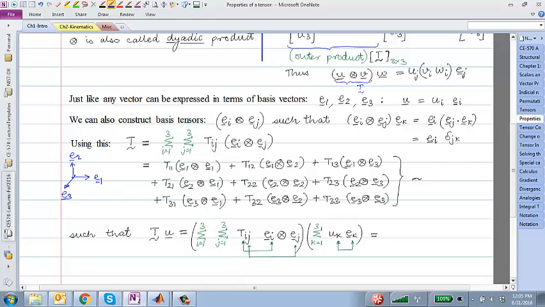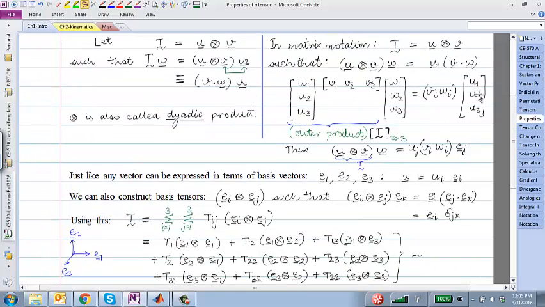For vectors in 3 dimensions, I had 3 basis vectors. For tensors in 3 dimensions, how many basis tensors would I have? Tensors have 9 components. So each one of those components will be along a certain tensor basis. For example, in case of a vector, we had U1, U2, U3. U1 was along E1, U2 along E2, and U3 along E3. Each one of those were along basis vectors.